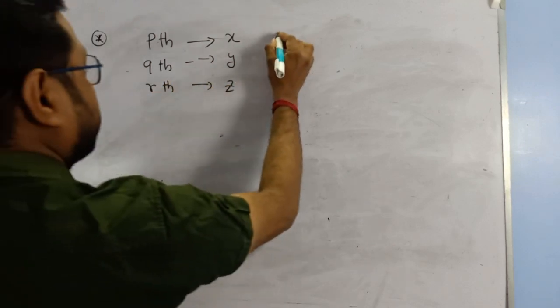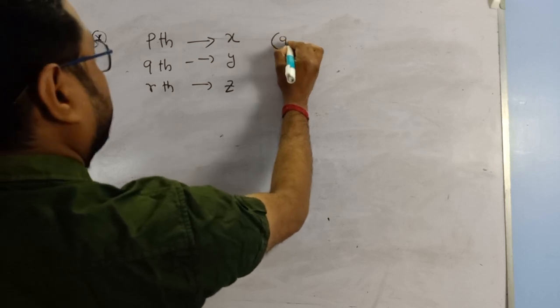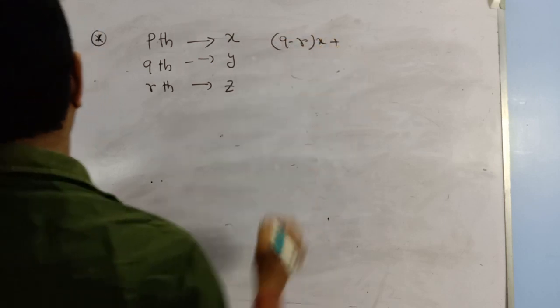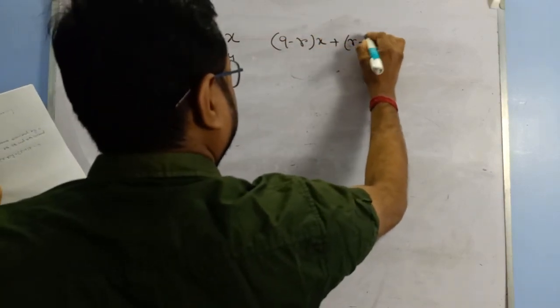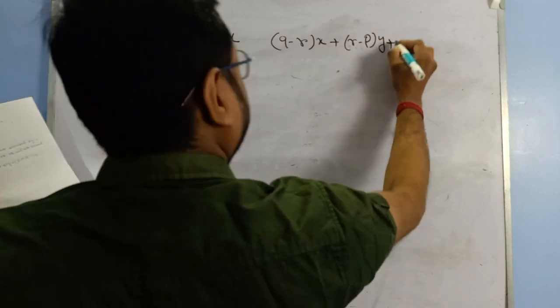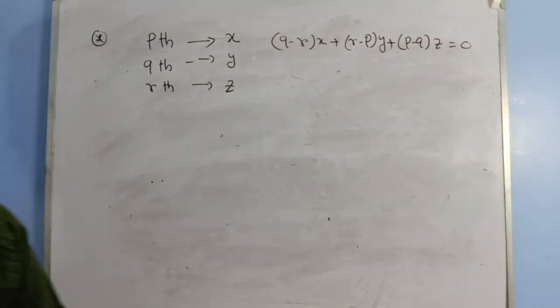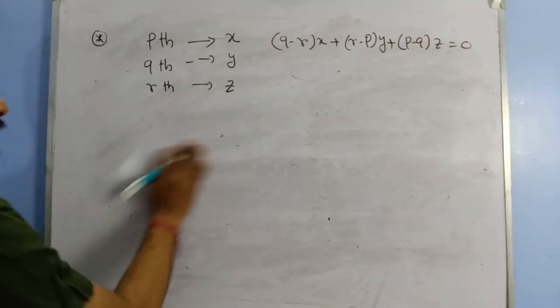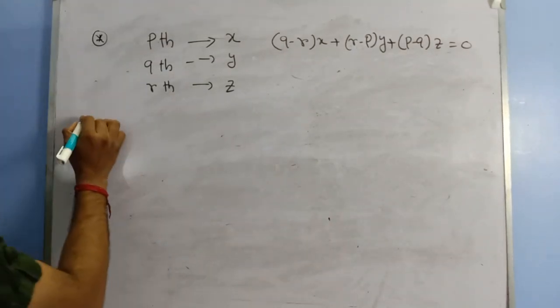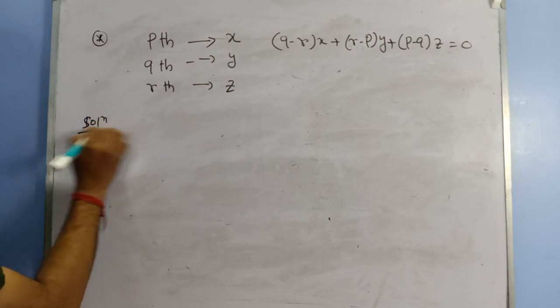Then prove that q minus r into x plus r minus p into y plus p minus q multiplied by z equal to 0. Okay. So solution.